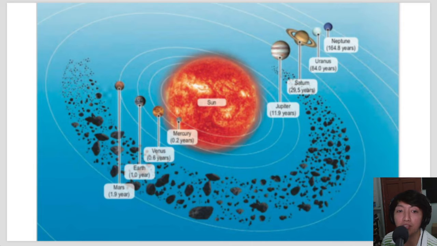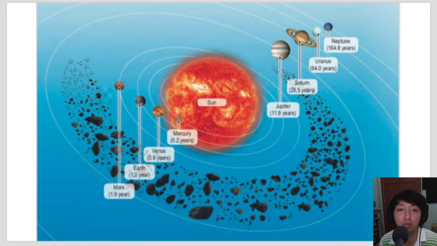Okay, the next planet, Venus, takes about 0.6 years to go around the sun. Earth takes 1 year. The next planet, Mars, takes 1.9 years, so almost 2 years. So summer on Mars is 6 months instead of 3 months, for example.